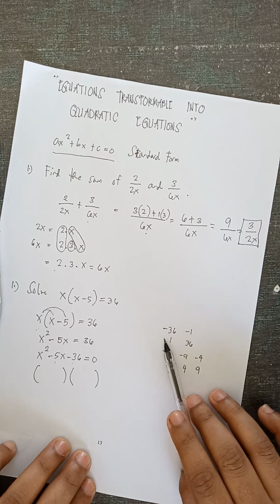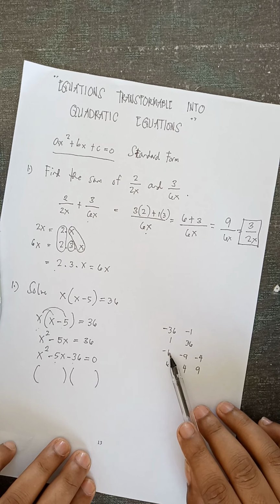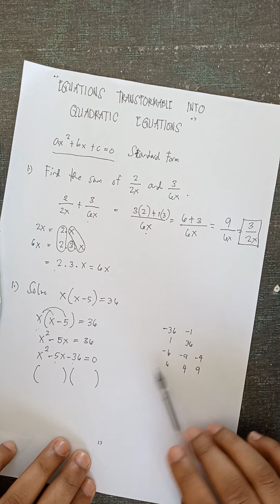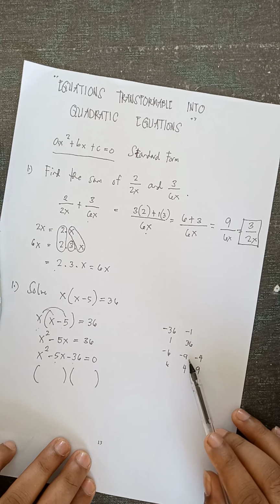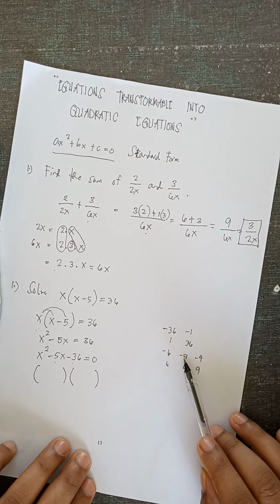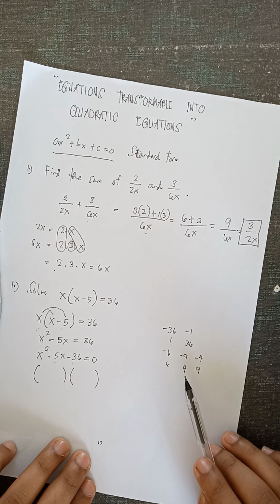When we add them, it doesn't become negative 5. Next, how about negative 6 and positive 6? When we add them, it will become 0, not that either. How about negative 9 and positive 4? So negative 9 plus positive 4 is equal to negative 5.